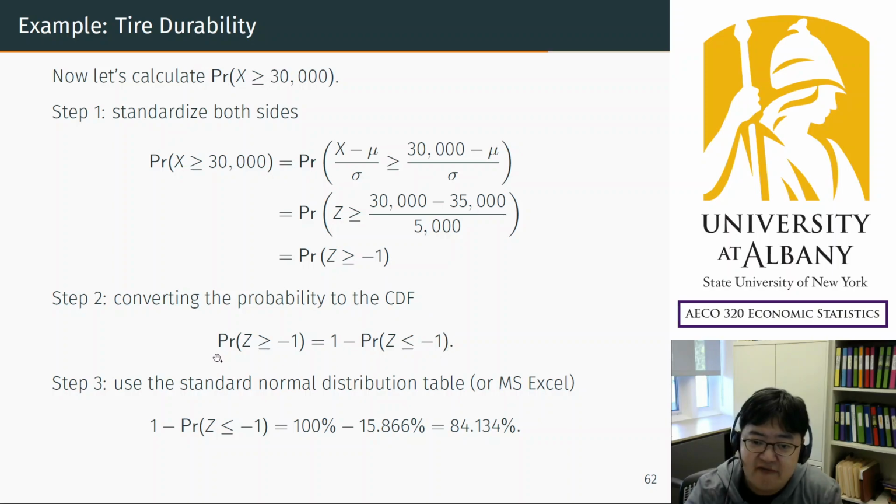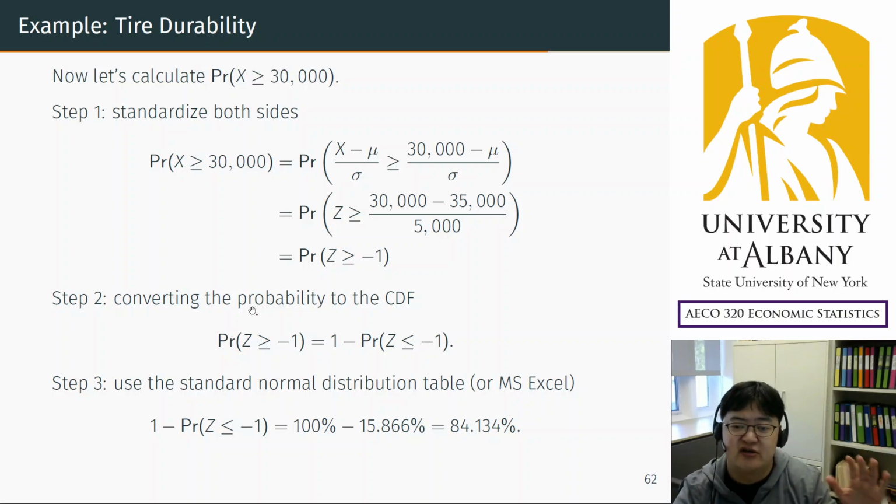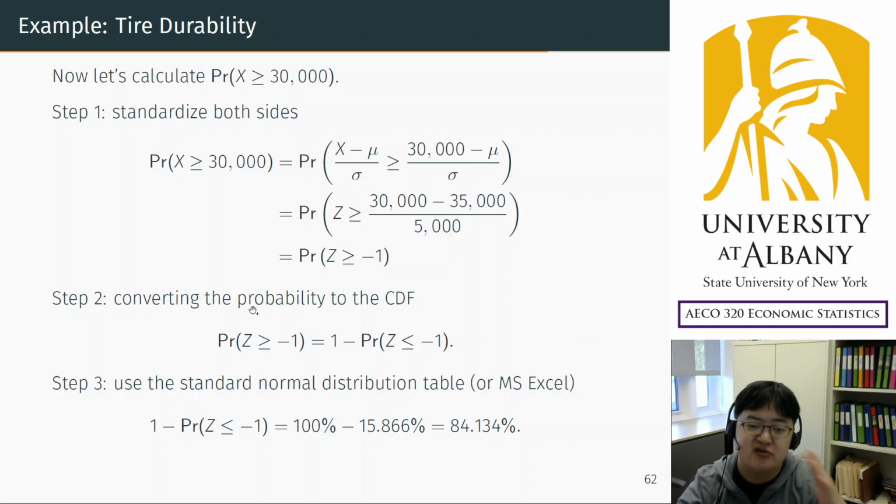So you have to have this additional step, right? Or you may use the symmetry of the normal distribution to convert the inequality to the other side. But whatever you use, you have to flip the inequality, so that we have probability Z smaller than -1, and then you can find this probability from Excel or a calculator.